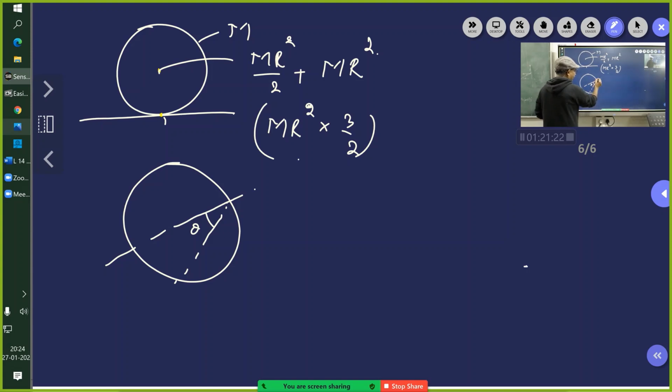If you take this as C, this as O, this as A, and this as B, we can take a diameter parallel to the secant. So you have to find the moment of inertia about OB.